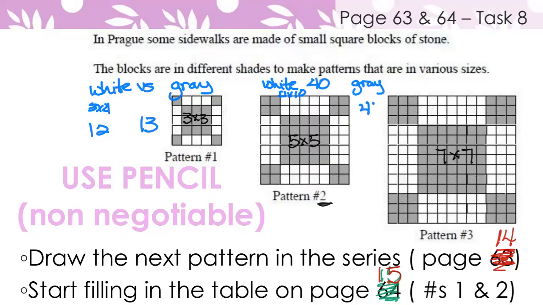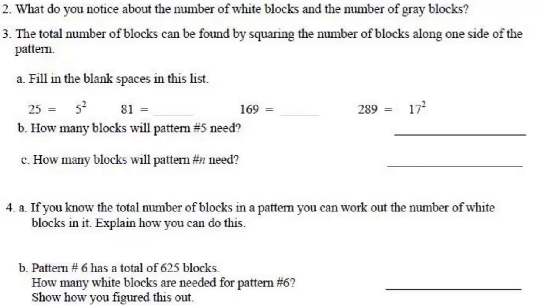41. How many white in pattern 3? 84. And how many gray blocks? 85. So, can we make a generalization? What do we notice about the number of white blocks and the number of gray blocks?